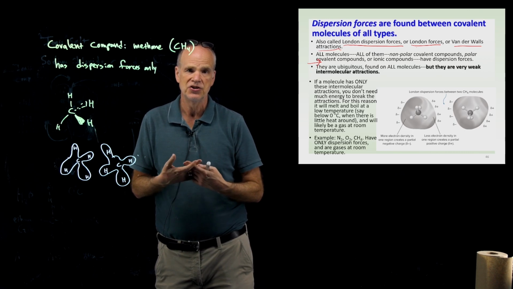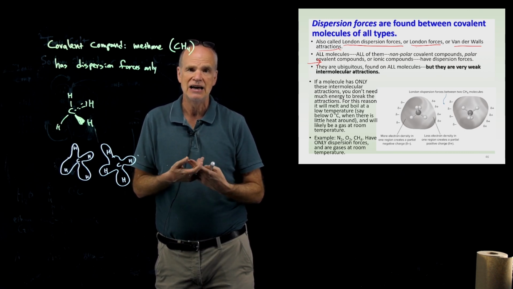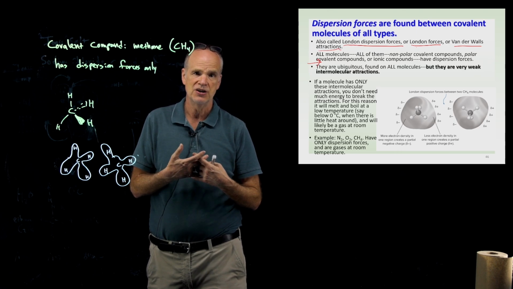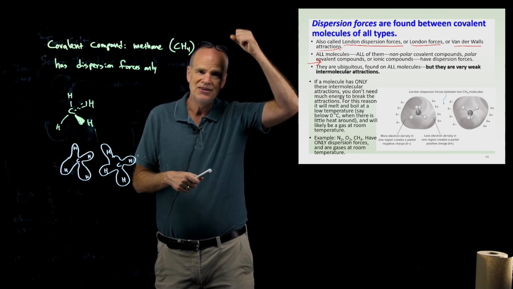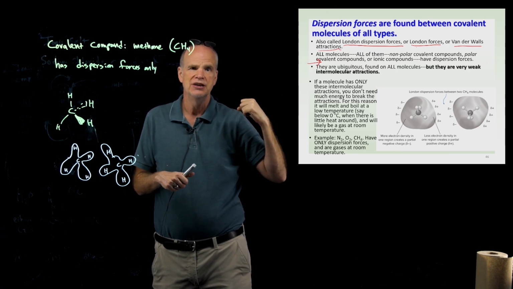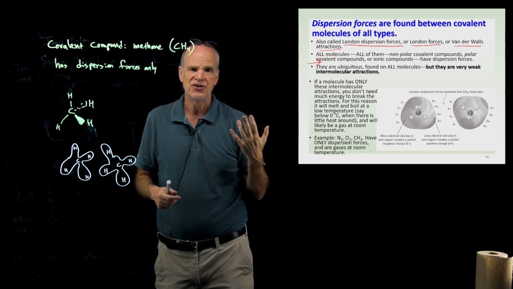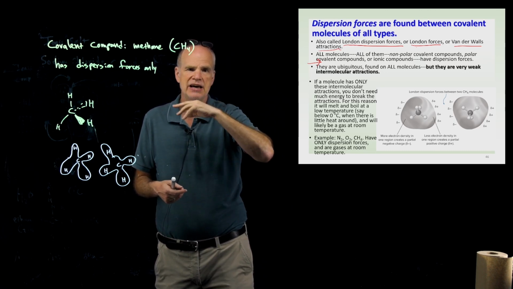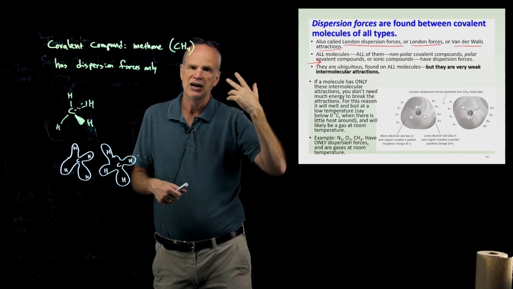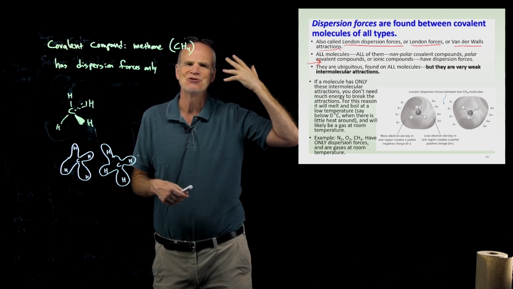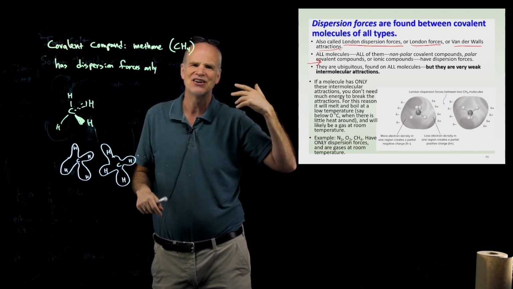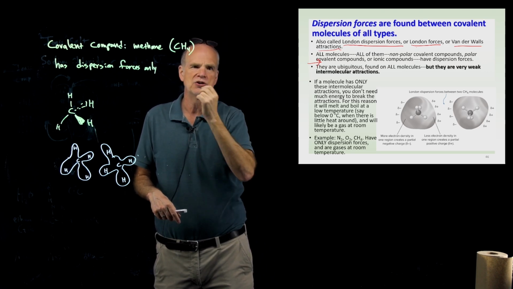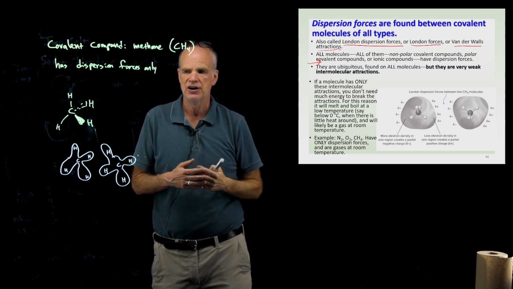An analogy may be a hot day when you're camping, and you have some perspiration on your head, and then you have these gnats that are attracted to the perspiration. Think of the gnats as electrons. The gnats are buzzing around your head, but at a point in time you'll have a couple more gnats on the right side of your head than on the left side. So there are times where the gnats tend to be focused in different places around your head.